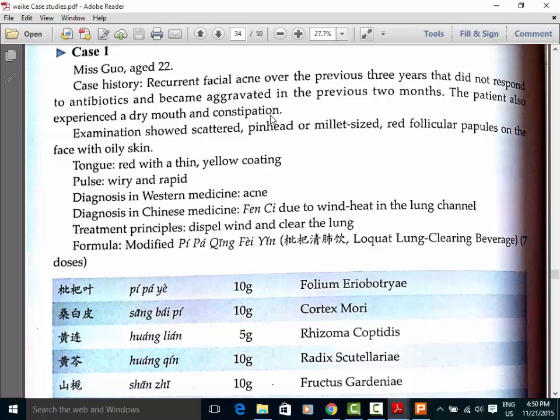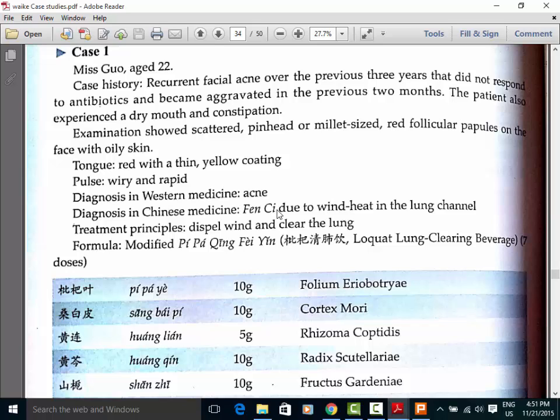Show me just one symptom that it is lung. Lung and large intestine. Constipation would not usually be common with damp heat. I think it is heat in the lung. Why is it lung? If it is heat in the lung channel.